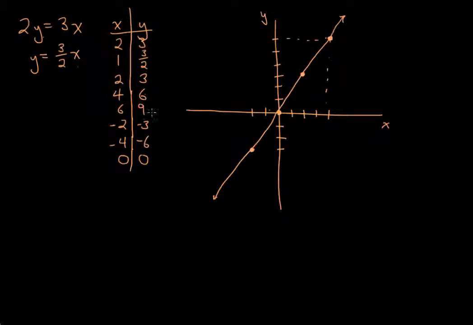So obviously we didn't need to plot all these points to get the idea of the pattern. So this is a graph of y equals 3/2 x. By the way, the graph of y equals x lies about here.